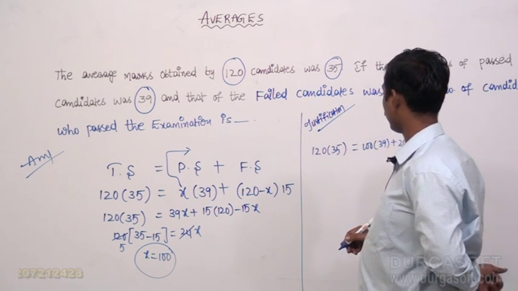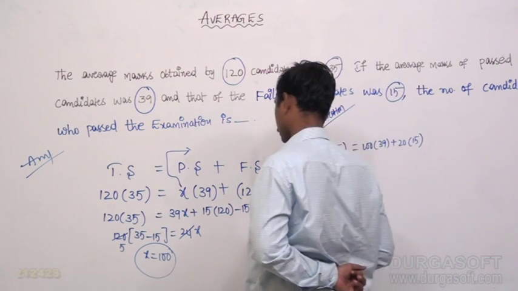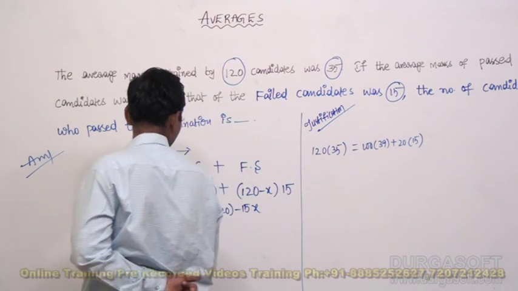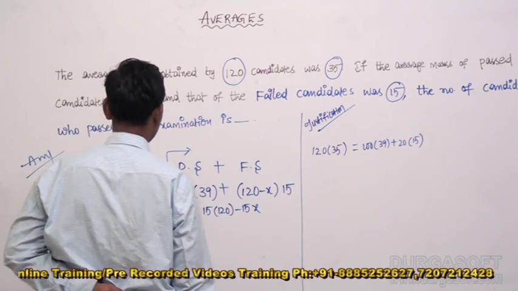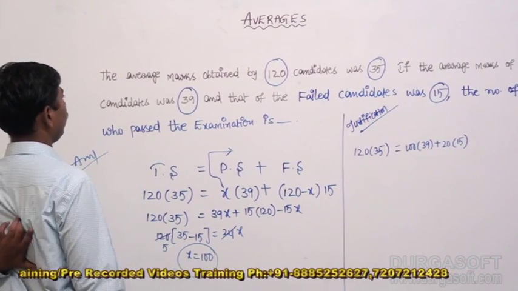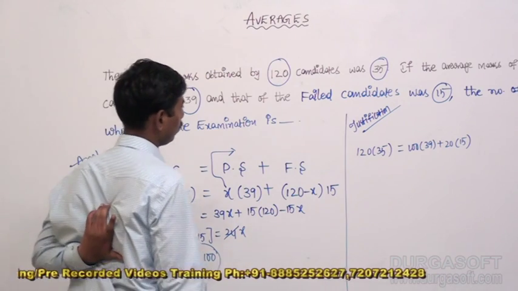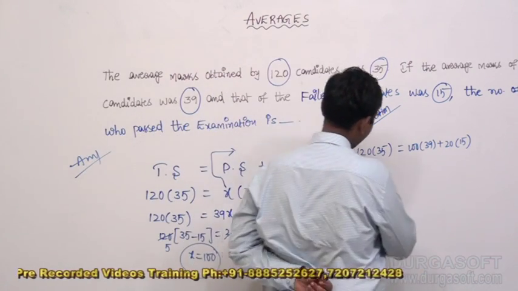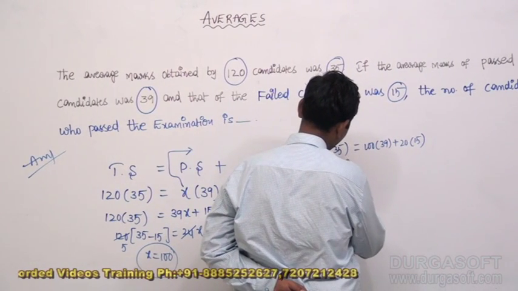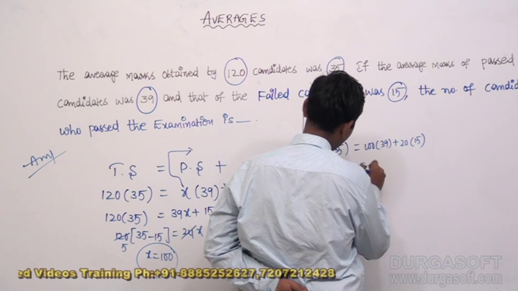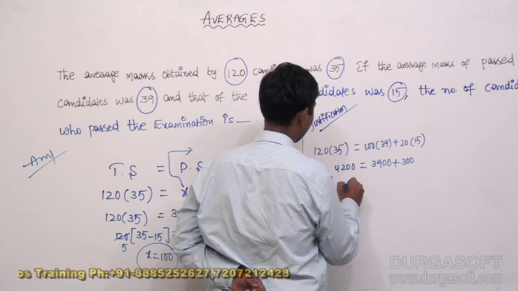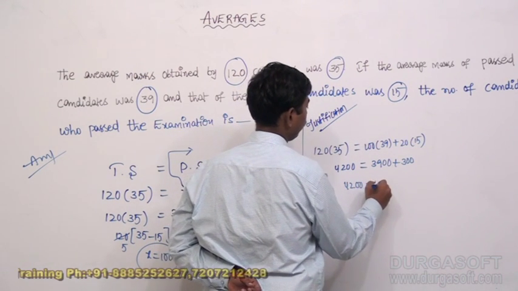Let us make a point out here. Passed students are 100, their average 39. 120 into 35 is 4200, and 3900 plus 300 equals 4200, which equals 4200.